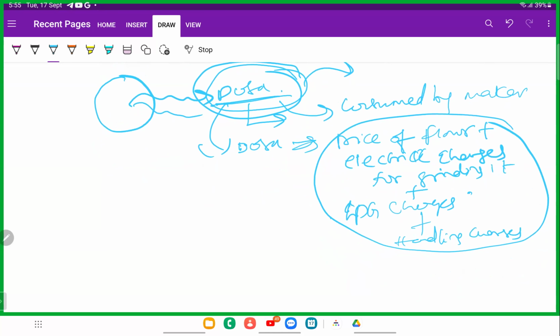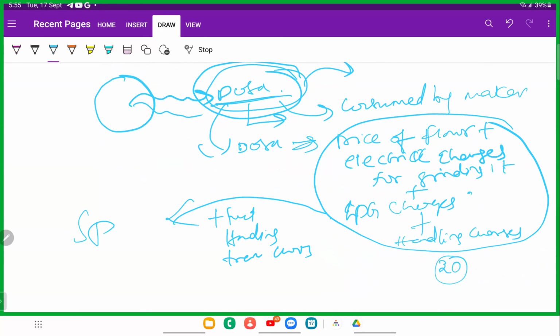Suppose if you want to sell this, at selling price, you will add your fuel expenses, handling charges, transportation charges, and all. Suppose it costs you 20 rupees to make it at home. What you will do? You will add 10 rupees as handling charges and extra 10 rupees as your profit.